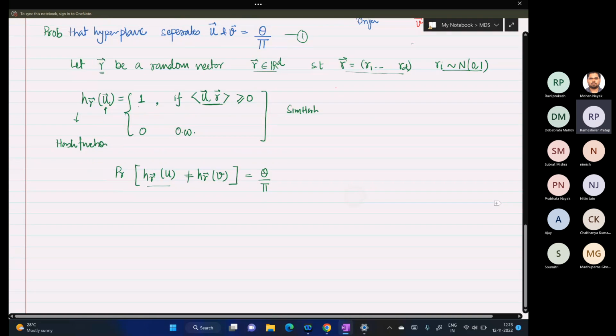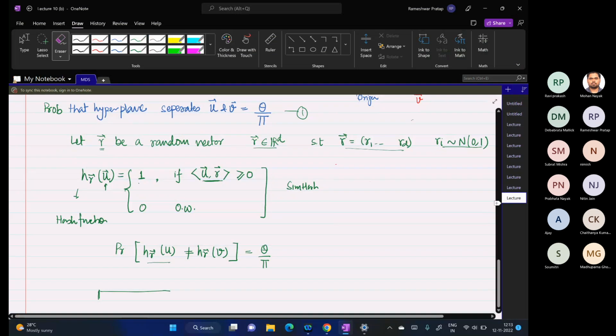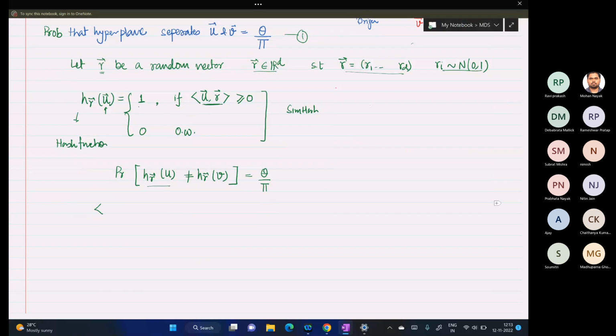So here we have vector u, which is u1 to ud, and we have vector v, which is v1 to vd.